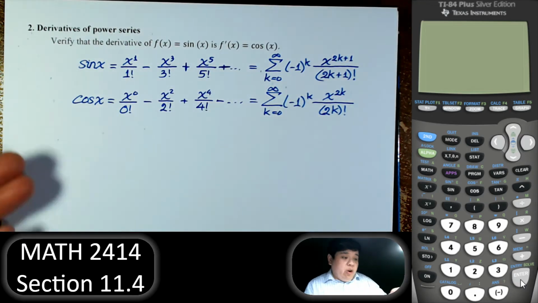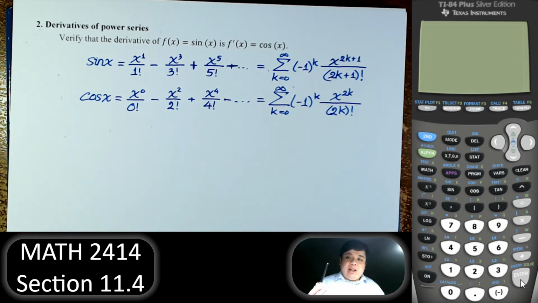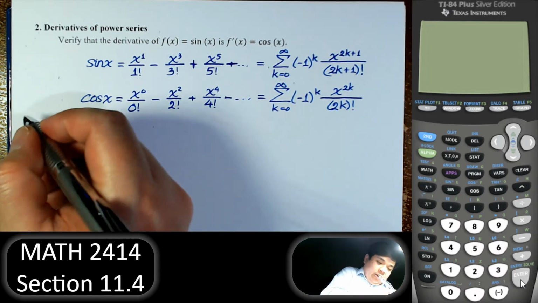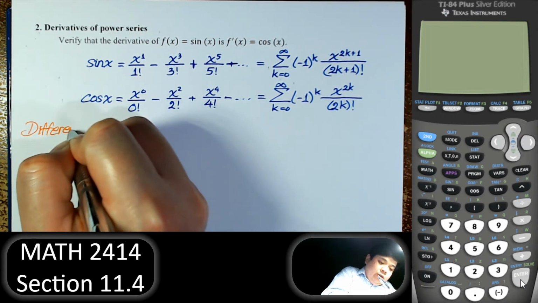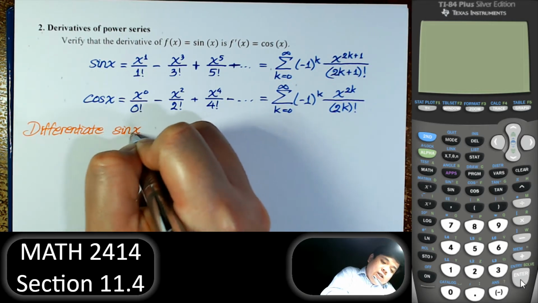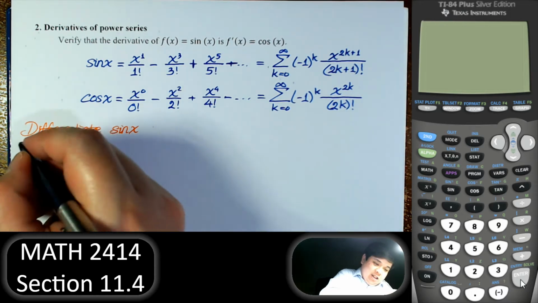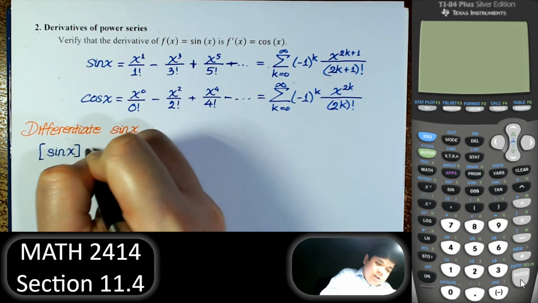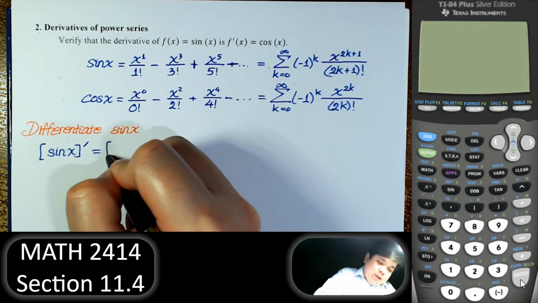Now all we do is just differentiate sine x, and that should be equal to this. Simple enough, right? So let's start. What we do is differentiate sine x. So I'm going to write the derivative of the series in the expansion form.